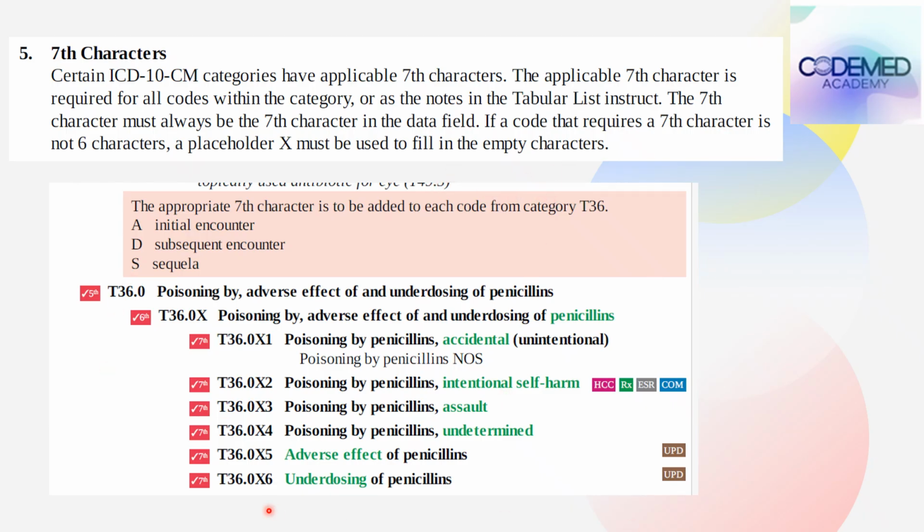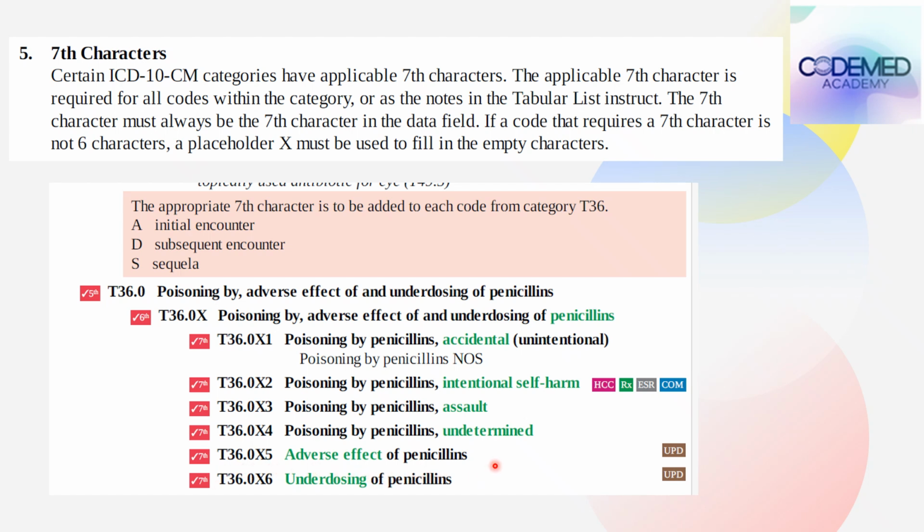Now they have given this example here. This is the box where there is a clear-cut indication that the appropriate 7th character is to be added to each code from the category T36, and here also it is there. So for every code in this, we will require a 7th character. For example, let us take this adverse effect of penicillin.